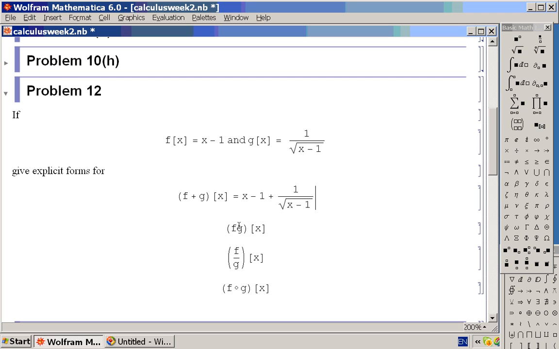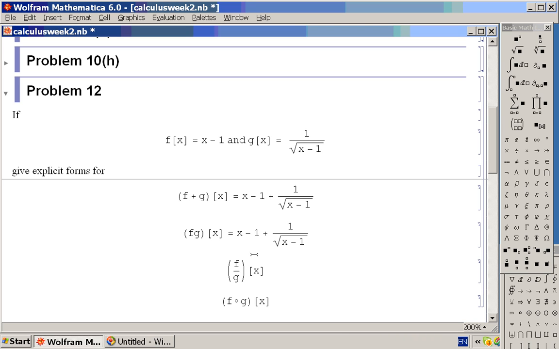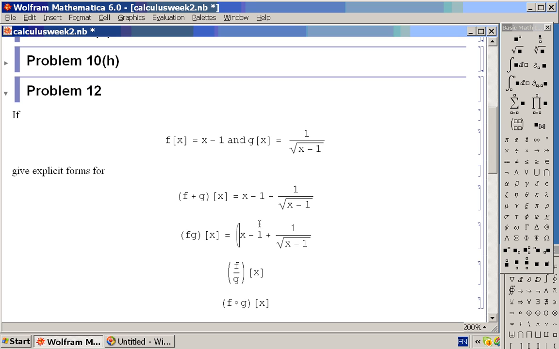This notation here says that we want the product of those two functions, so let's copy this bit down here. And instead of adding them, we need to multiply them.